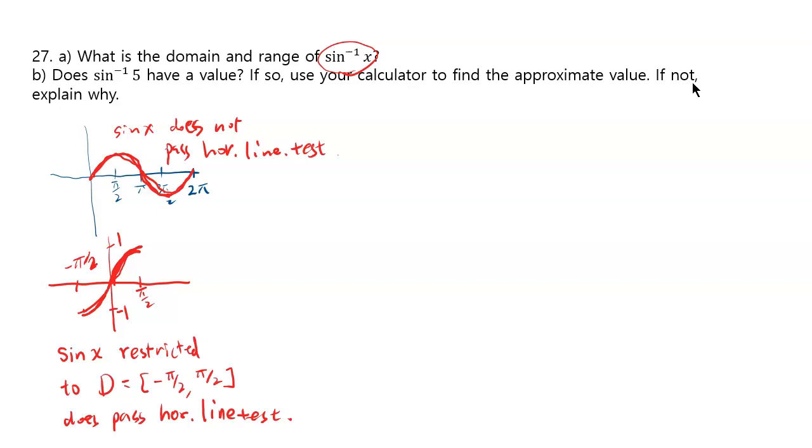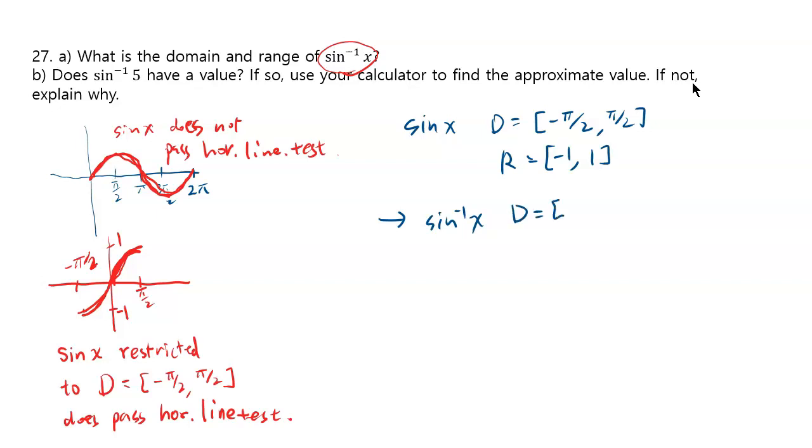Okay, and because sine of x restricted to negative pi over 2 to pi over 2 has the range from -1 to +1, that means that for the sine inverse of x, remember when you take the inverse function, domain and range flip, so your domain will be -1 to 1, and range would be -π/2 to +π/2.